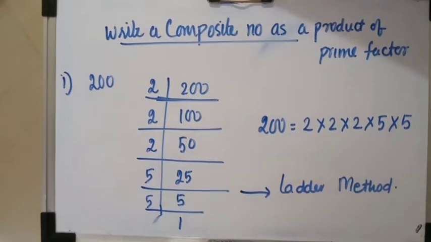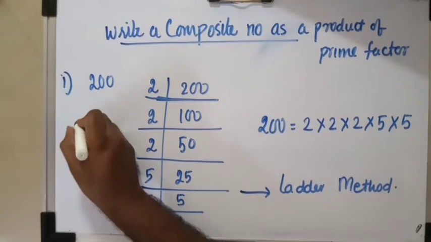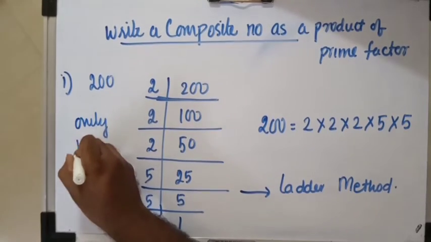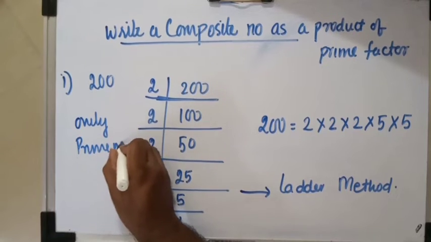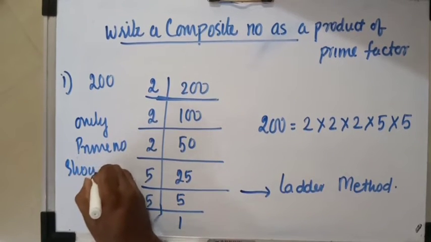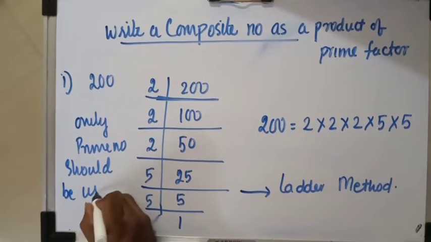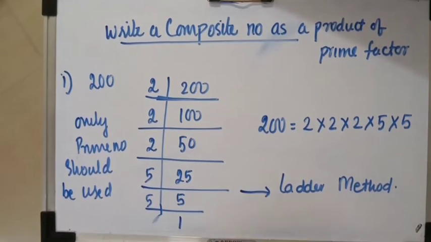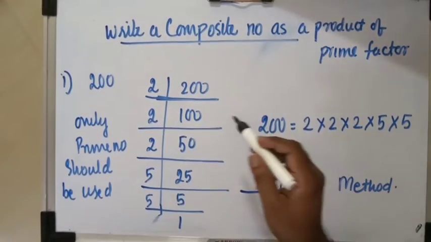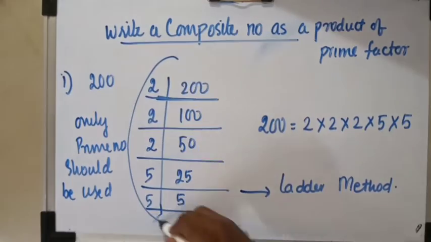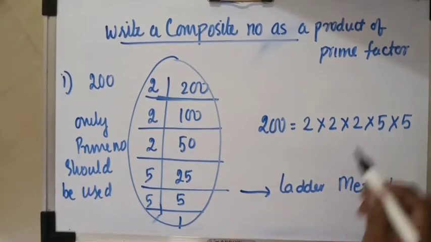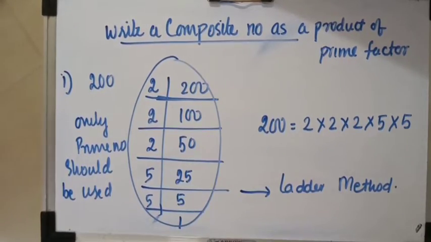It is very much essential that only a prime number should be used to divide the composite number. Okay, and this is used in many cases. When you go to your standard 8th and 9th, writing a composite number in the form of a product of prime factors will help you a lot.